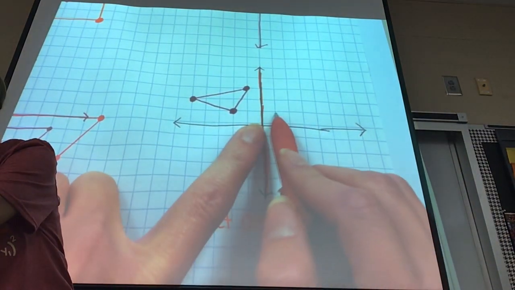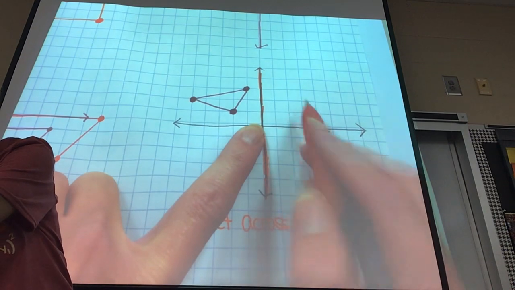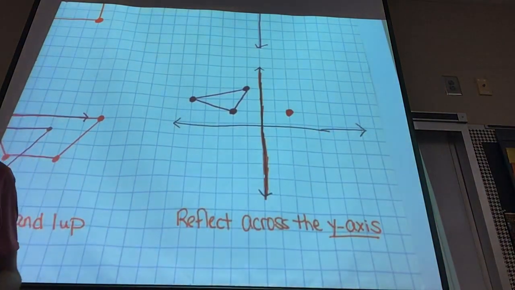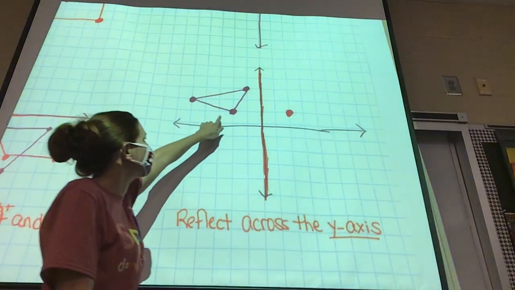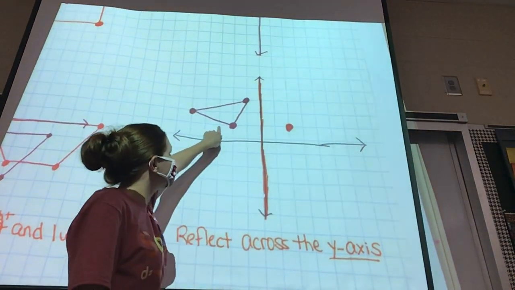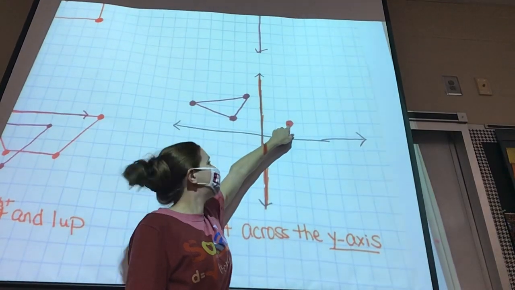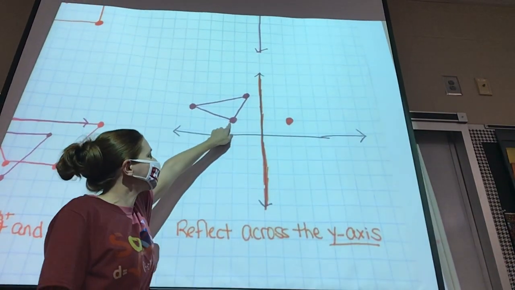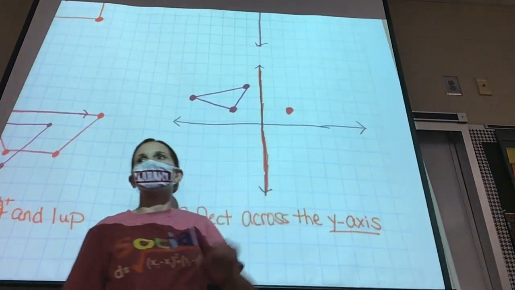Just now go 2 places on the other side and put your new dot. So, it's still on the same line. Okay, so the line didn't change. All it did was change sides. So it went from 2 places on the left to 2 places on the right.